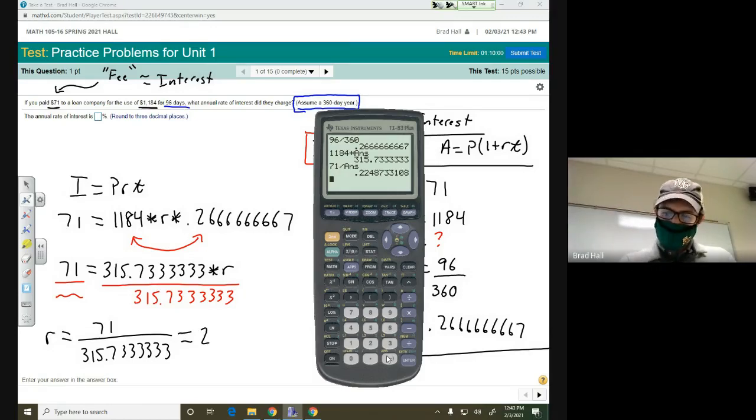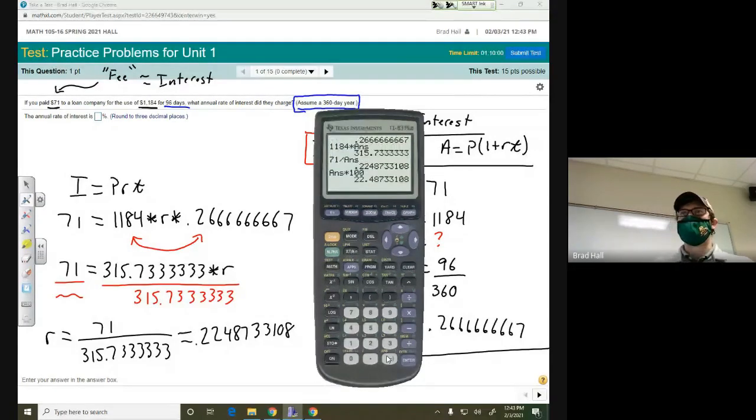So they give us 0.22487333108. They give us that for R. There's only one problem with this though. The rate is expressed as a percentage. This number gives us the answer as a decimal. So we have to move the decimal place over 2 times to the right. Or, in other words, multiply that number by 100.